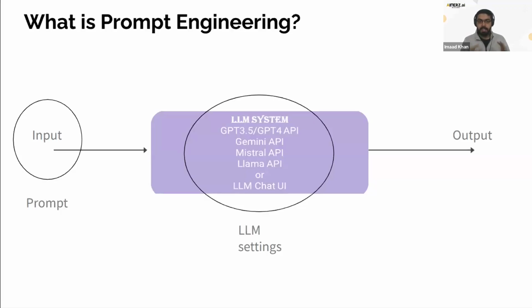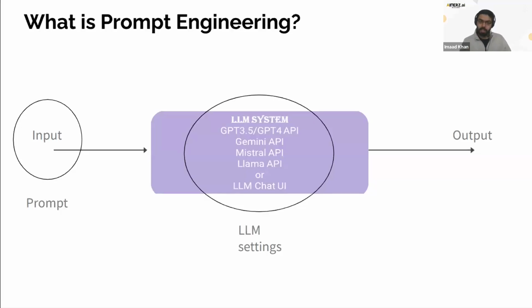So this is also part of prompt engineering, but for the sake of this talk, we will focus on the prompt part of it. Actually, I would say this is also part of making sure that the outputs are best aligned to what you are looking for, right?